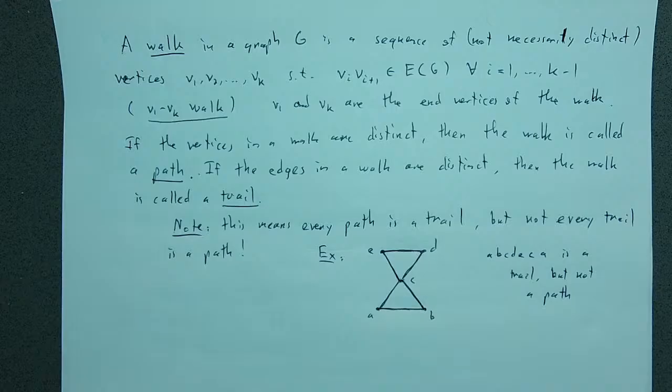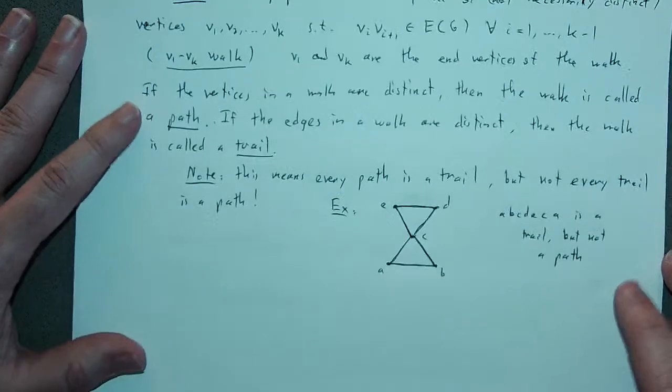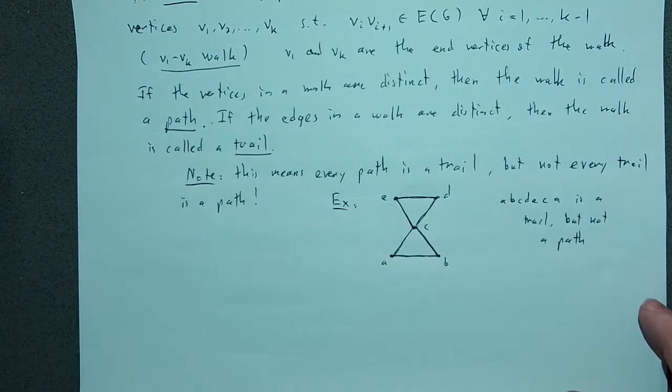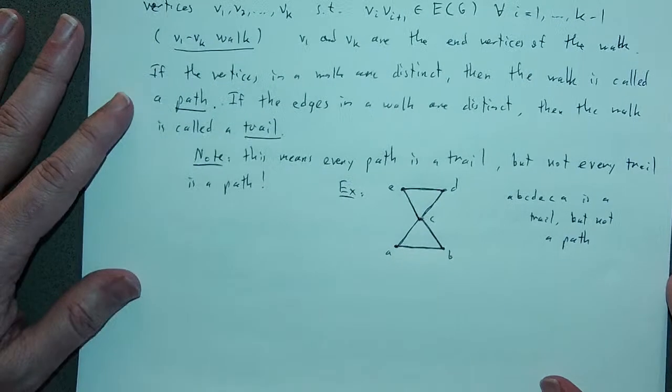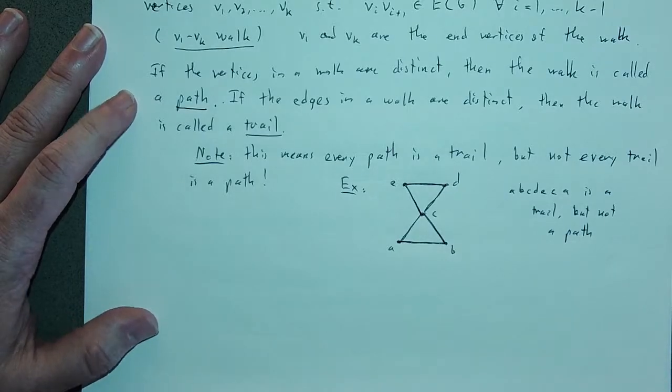Okay. And so let's do a couple more things, and then I'm going to draw a nice picture, and we're going to discuss these things. So I want to talk about a closed path or a cycle.